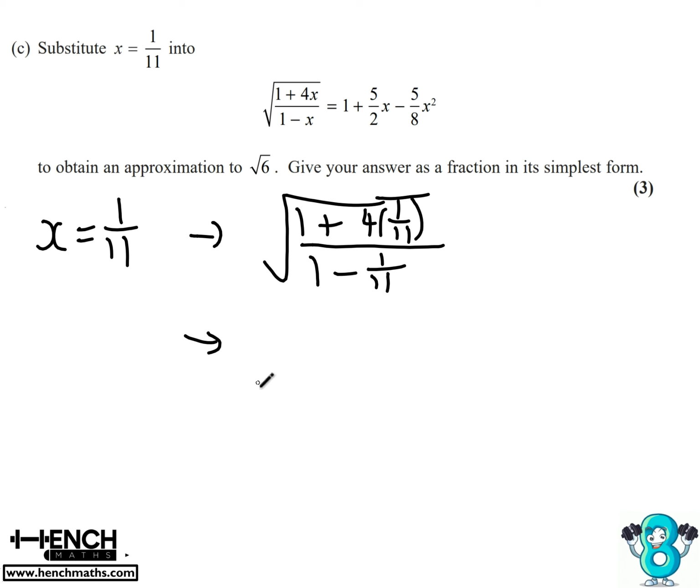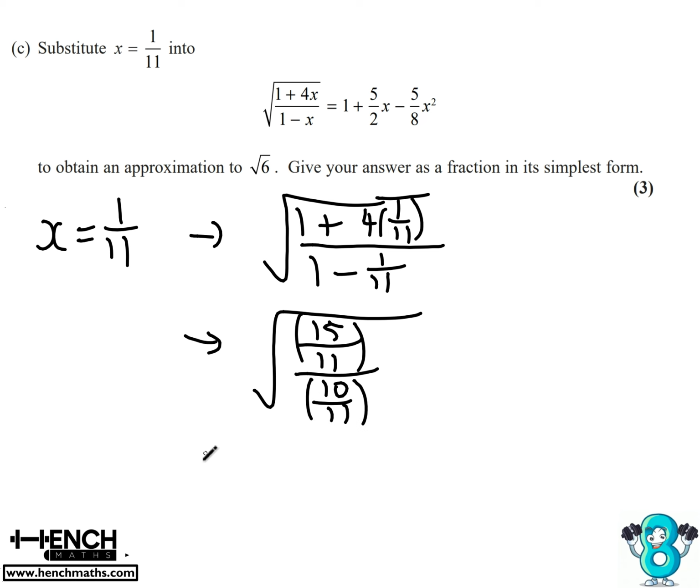So you've got square root of 1 plus 4 11ths, so that's 15 over 11. And then 1 subtract 11th is 10 11ths. And so that's the same as the square root of 15 over 11 times 11 over 10. So that's the square root of 15 over 10. So that's the square root of 3 over 2.